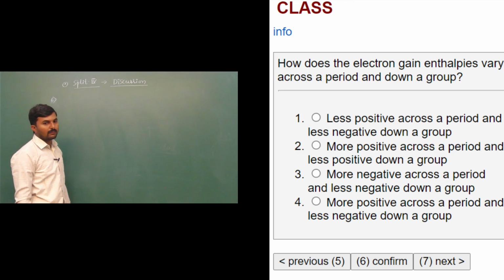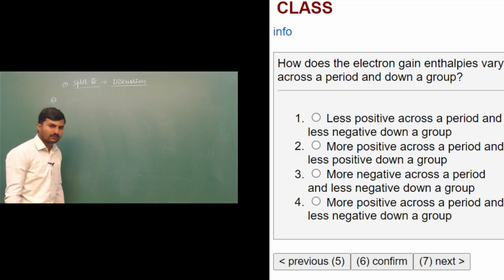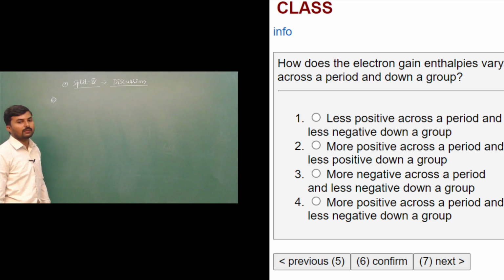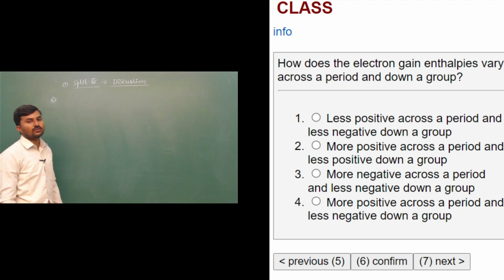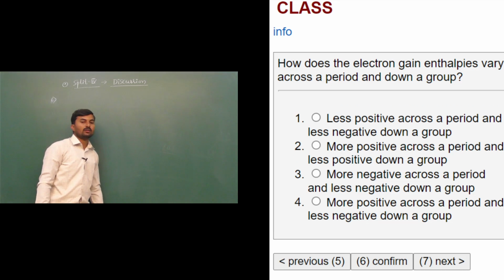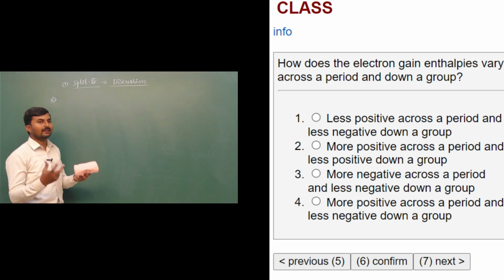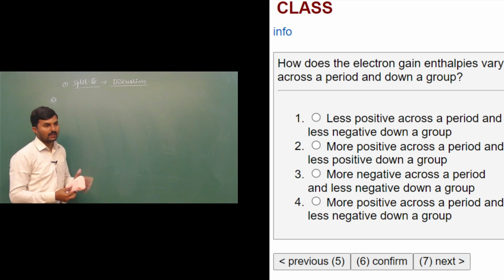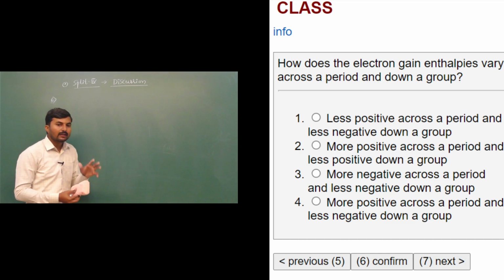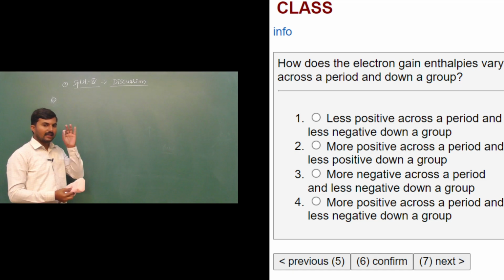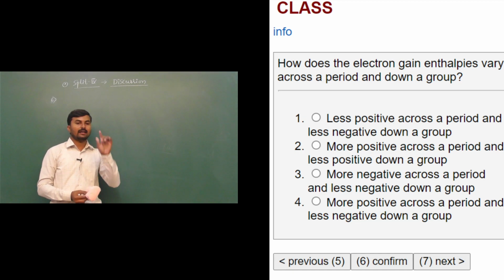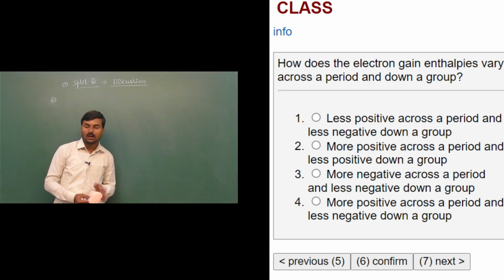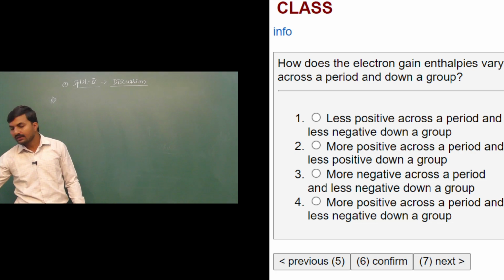Electron gain enthalpy is the amount of energy released when an electron is added into a gaseous atom. Okay, when electrons are added to any gaseous atom, what enthalpy changes take place. We can also define electron gain enthalpy as the enthalpy change when an electron is added into an isolated gaseous atom.